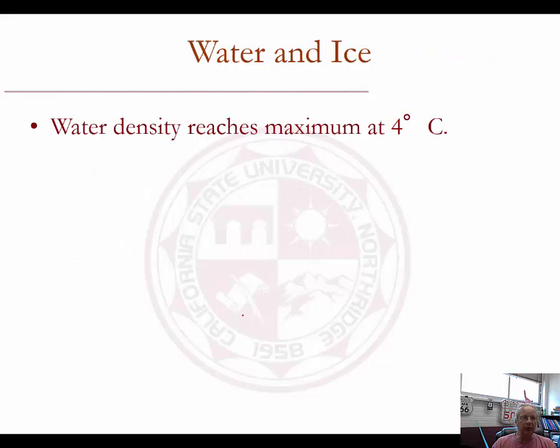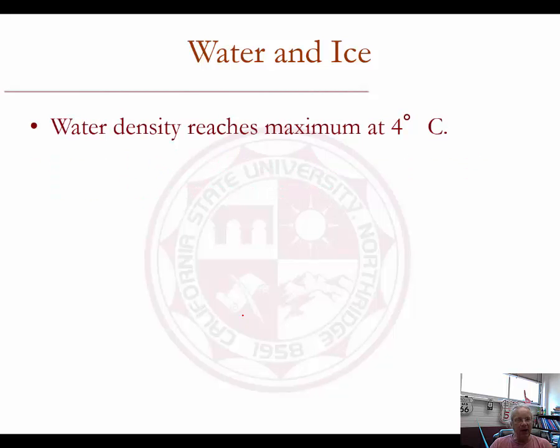Water has some very peculiar qualities, and I urge you to read the chapter slowly on this point, because I'll probably ask you a couple of questions. It's more in the physics realm, but it has a lot to do with a number of the earth processes that we will look at later in the semester. When water cools, the molecules move around a lot less, and so water becomes more dense as the molecules require less space between themselves.